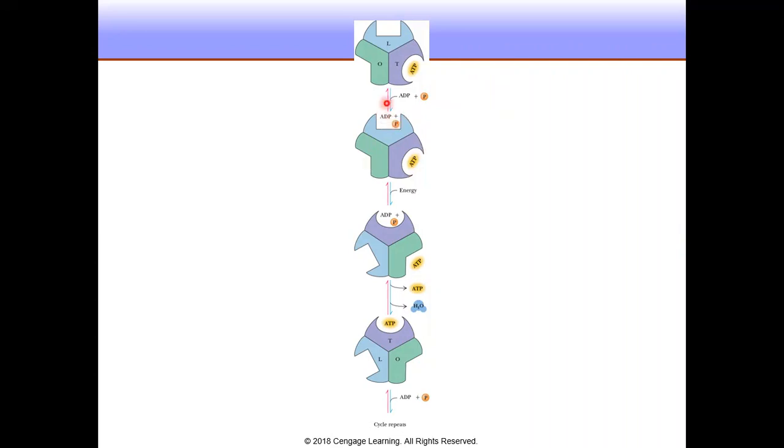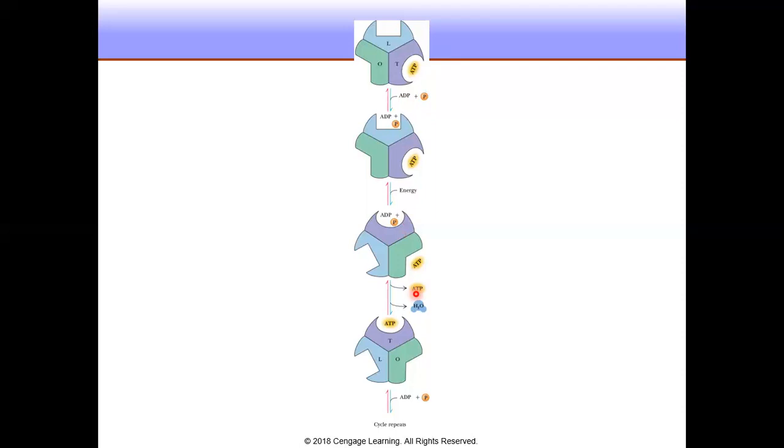Now, as a result, a proton flux converts the site in the T conformation to the O conformation, releasing this ATP, as you can see.